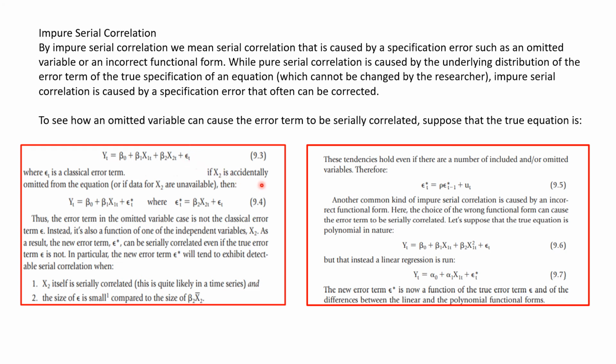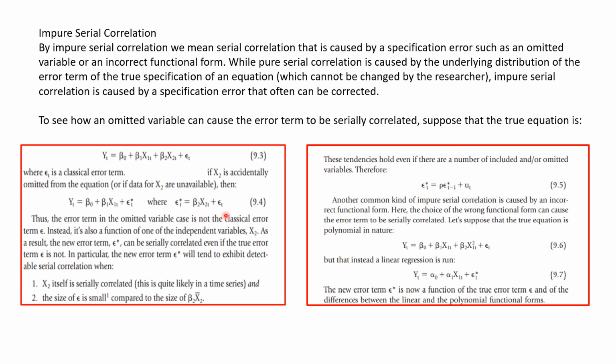Suppose x2 is accidentally omitted from the equation or there is no data available for x2, then we run this regression y equals beta 0 plus beta 1 x1t plus eta t star, where eta t star is equal to beta 2 x2t plus eta t. Thus the error term in the omitted variable case is not the classical error term eta t anymore. Instead, it's also a function of the independent variable x2.